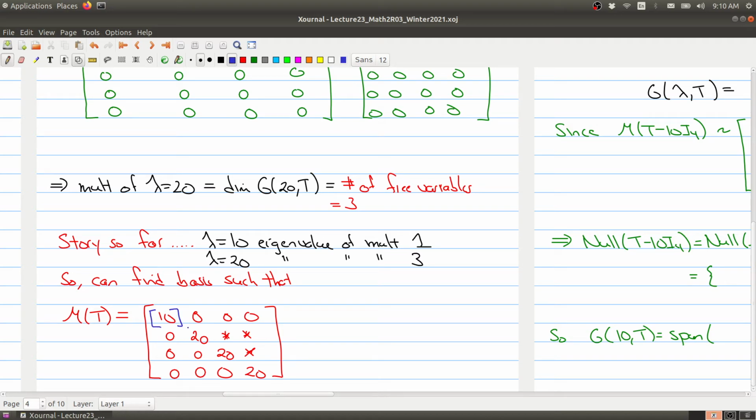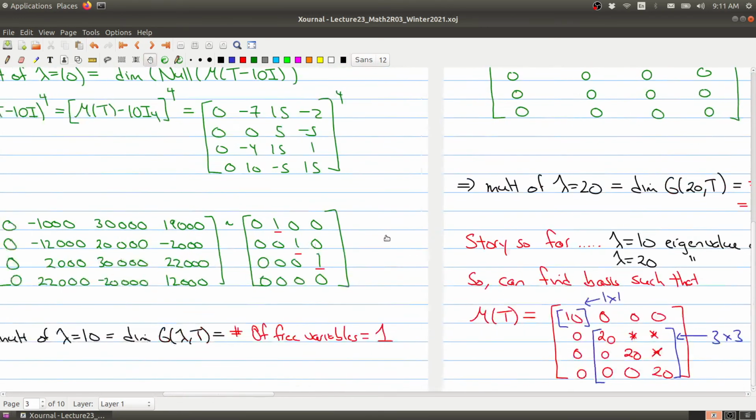This is our 1 by 1 block, coming from the multiplicity, and this part is 3 by 3, coming from the fact that the eigenvalue 20 has multiplicity 3. So these are our two blocks, and that's what the theorem says.